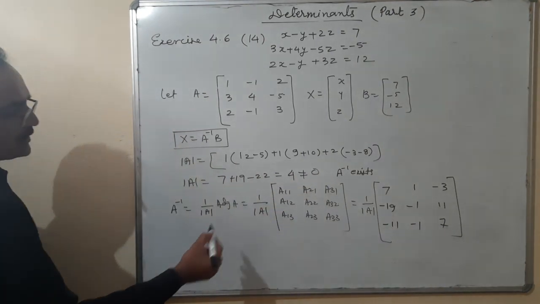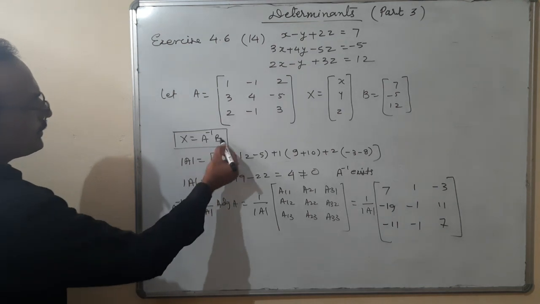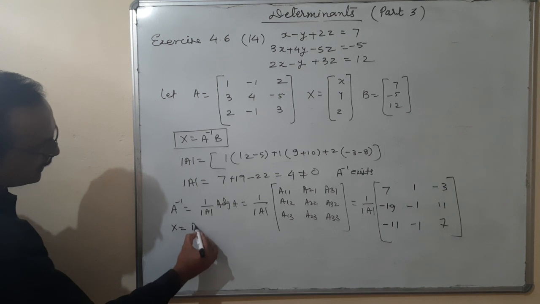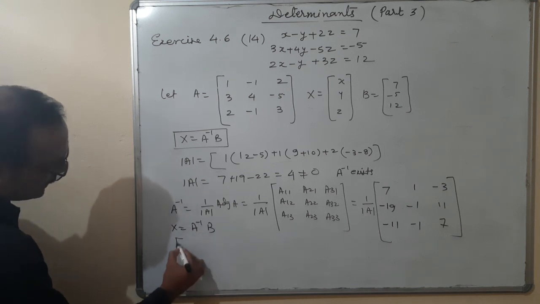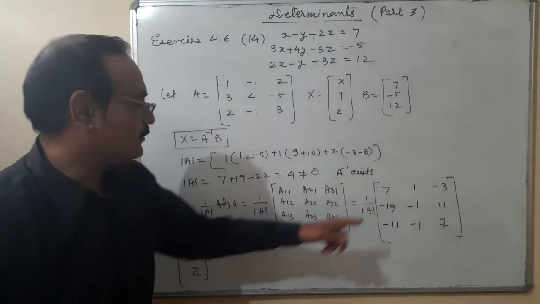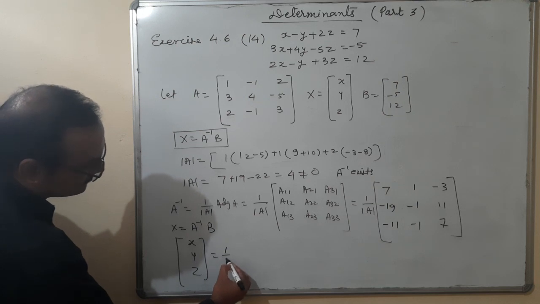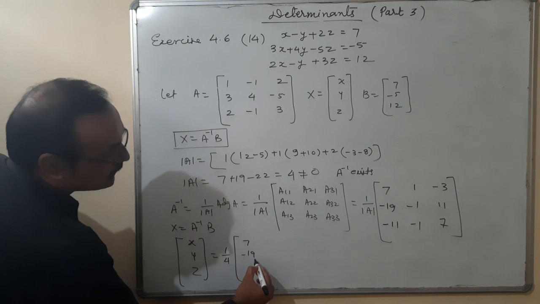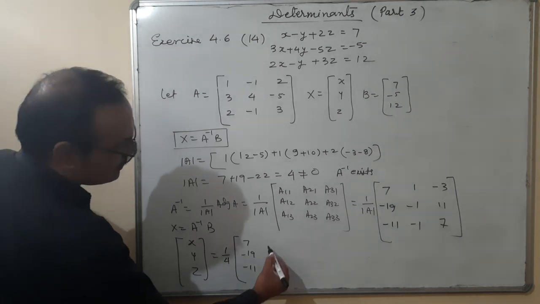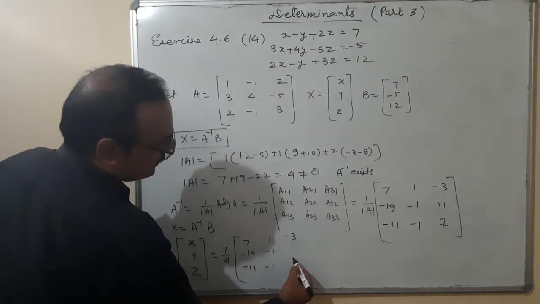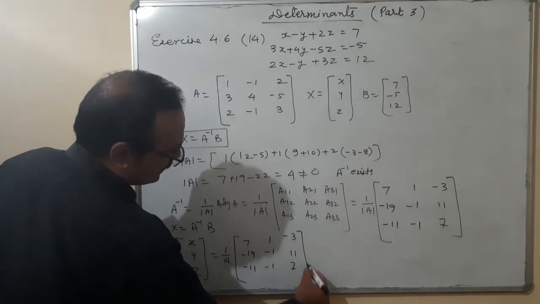That means A inverse is equal to, now I am putting the values here, X is equal to A inverse B. So x, y, z is equal to 1 upon 4 times the matrix 7, minus 19, minus 11, 1, minus 1, minus 1, minus 3, 11 and 7.